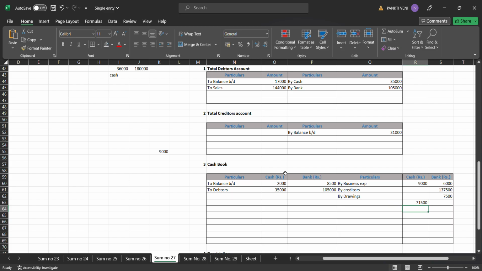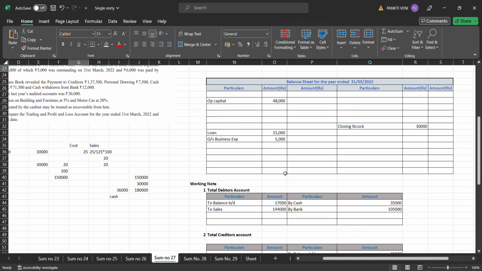You are depositing your money into bank account. Cash is going from you, right? So by bank, when you write bank, you will have to go for cash column, and here you write to cash, you will have to go for bank column. So that's contra entry. You are depositing cash. Then you have your withdrawing as well, so it will be opposite. So that part is done, withdrawal and deposit.